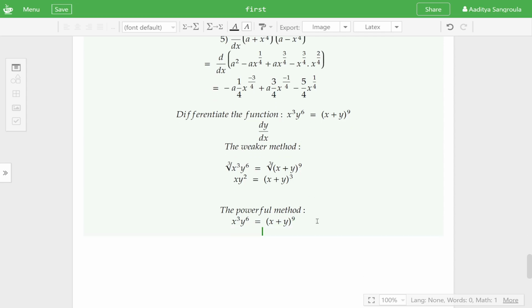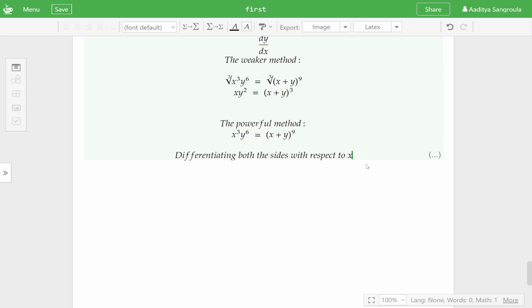So we need to differentiate this, so we say differentiating both sides with respect to x. So what are we doing? We are differentiating both sides with respect to x.